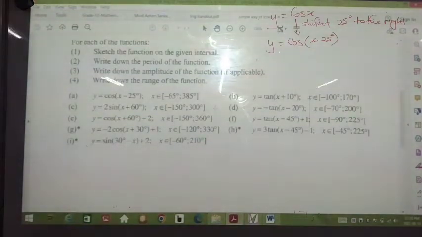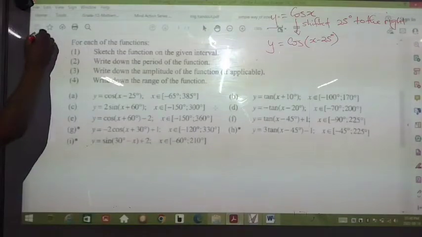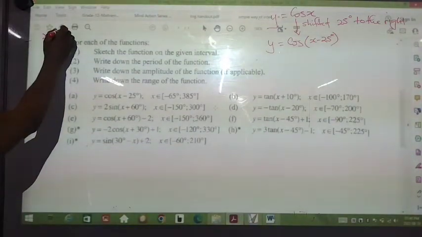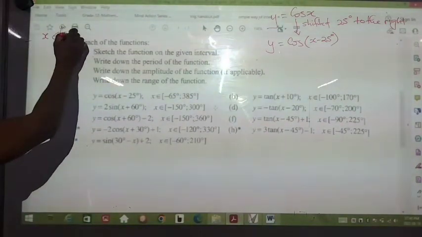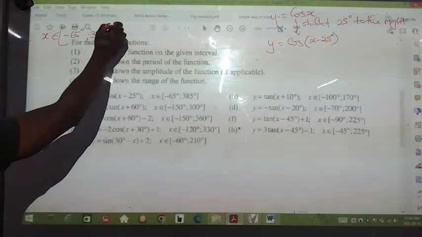Of course, the interval is x is an element from negative 65 degrees to 385 degrees.